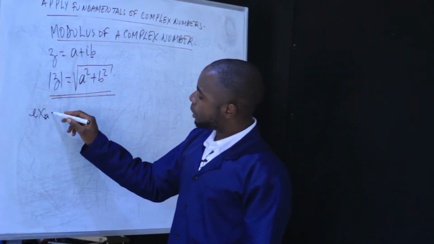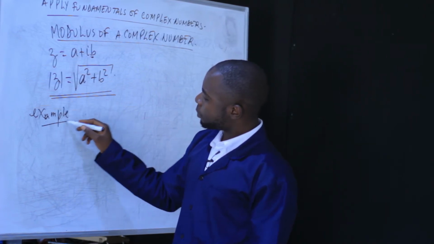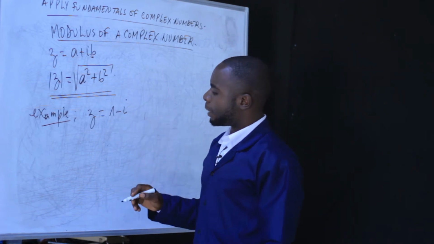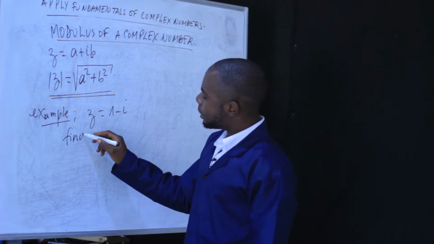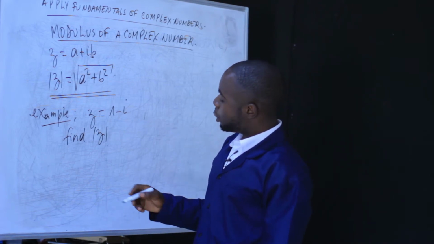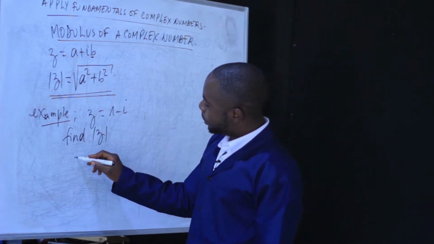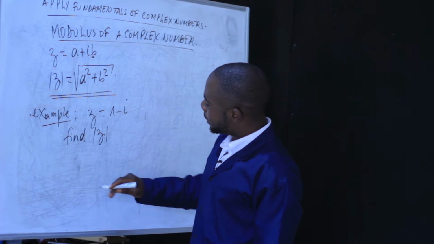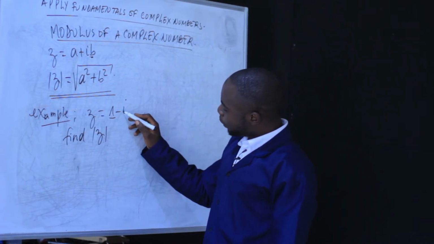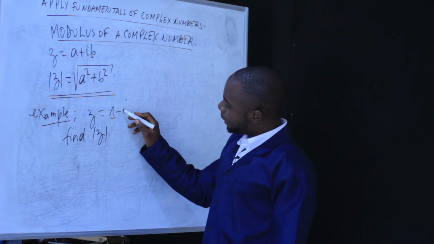Example: Z is equal to 1 minus i. Find the modulus of Z. We know that this one is the real part, and here in front of i there is minus 1.